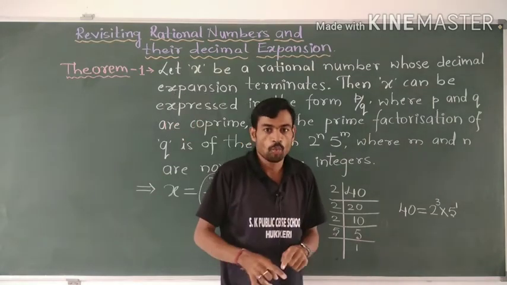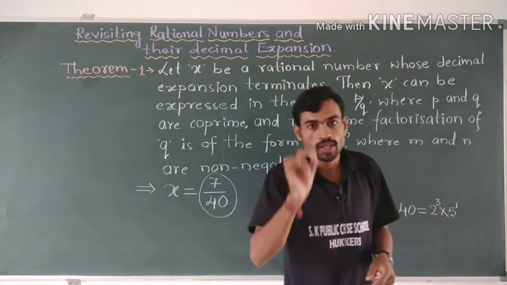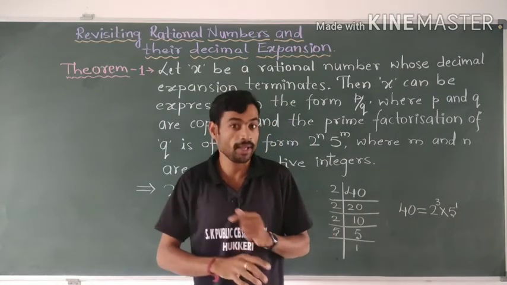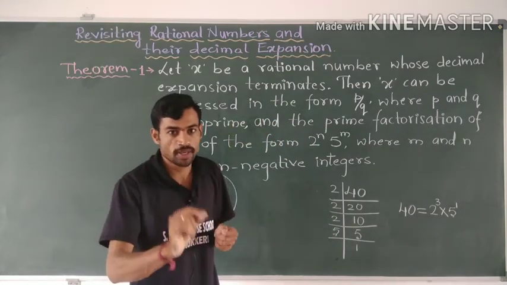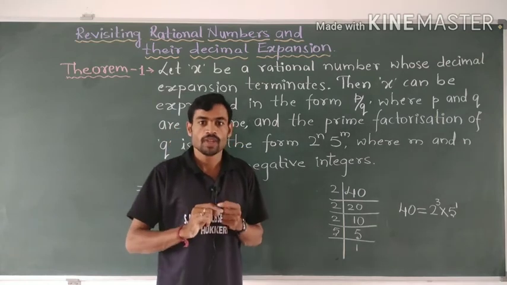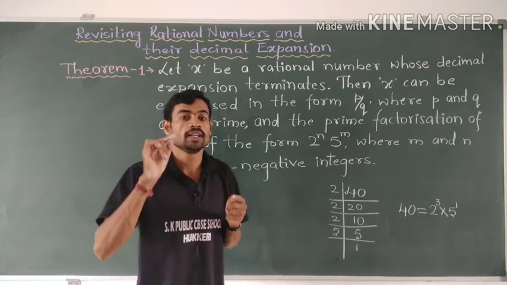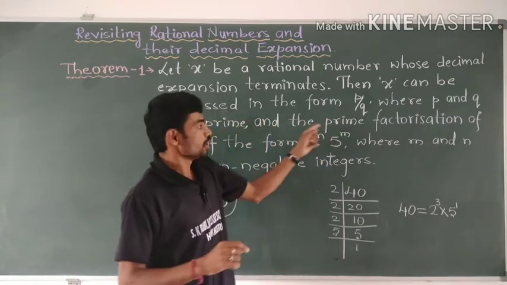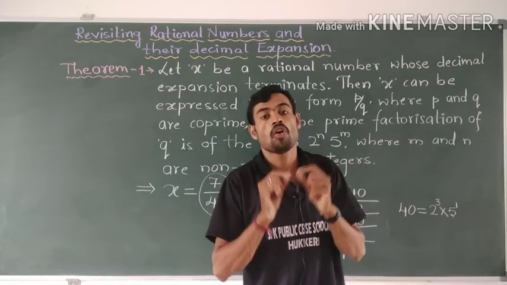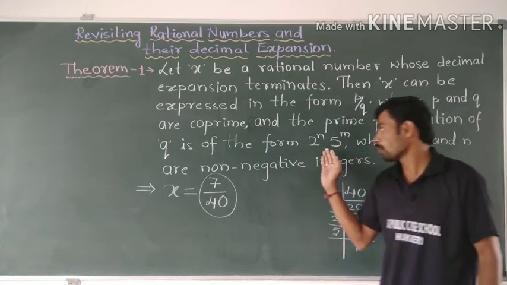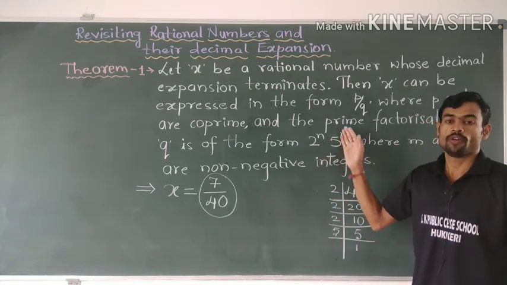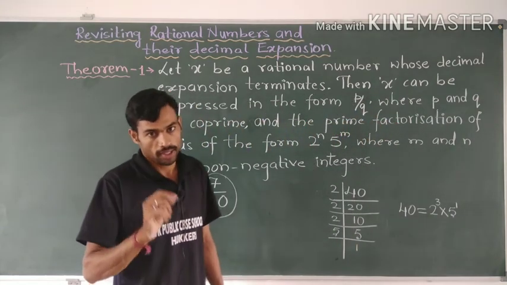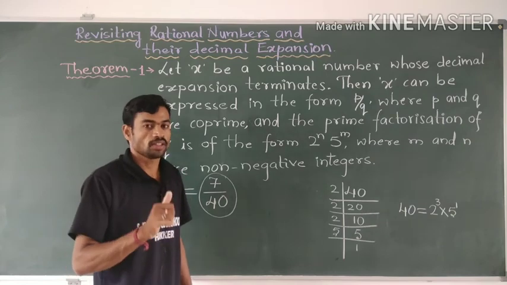In general, theorem 1 states that if x is a rational number whose decimal expansion is terminating, then x can be expressed in p by q form, where p and q are co-prime numbers, and the prime factorization of q is of the form 2 to the power n into 5 to the power m, where n and m are non-negative integers. So this is theorem 1.